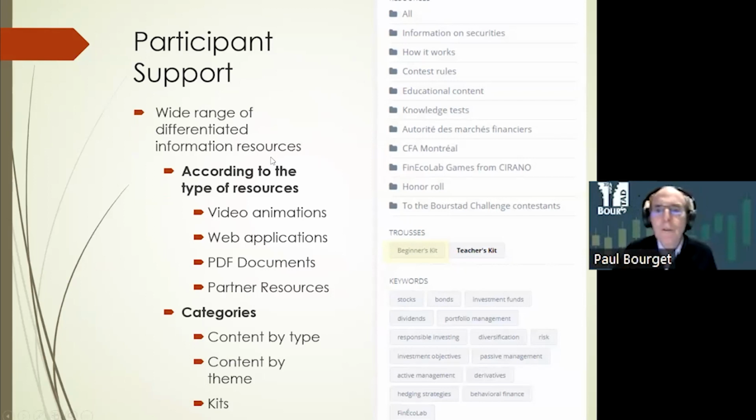Participants get a very extensive documentation system: information on securities, how it works, the rules, educational content, knowledge tests, information provided by our partners, Autorité des marchés financiers, CFA Montréal, Finecolab Games, and the honor roll, meaning that you can look at the list of winners of past editions.